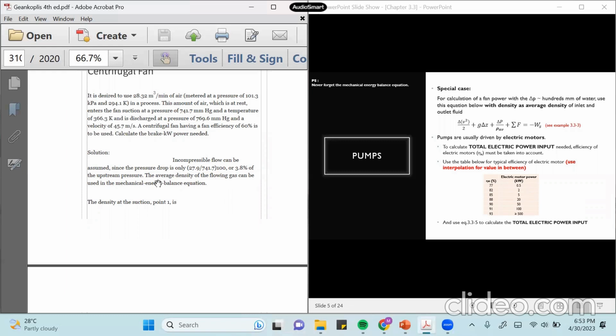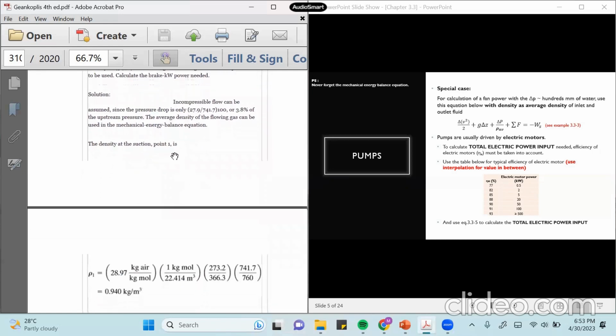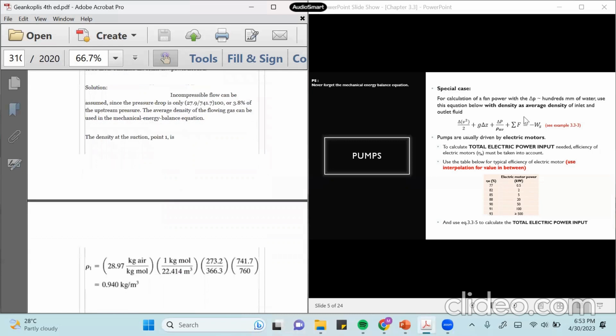Now, for the average density of the flowing gas, since the density of gases changes during the pumping process, we can use the mechanical energy balance equation like this, with the average density.